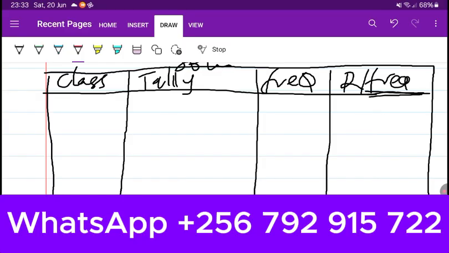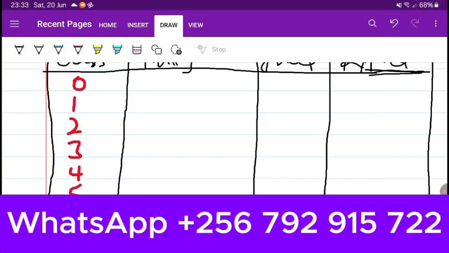If you look at the data set, they gave us numbers from 0 to 6. So 0, 1, 2, 3, 4, 5, and then lastly 6. Those are the numbers that we have.